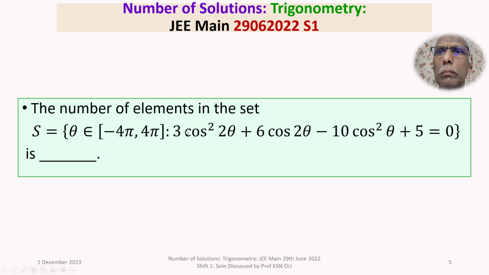Now we are given a trigonometric equation. We are asked to find the number of values of theta that belong to the closed interval minus 4 pi to 4 pi which satisfy this trigonometric equation.